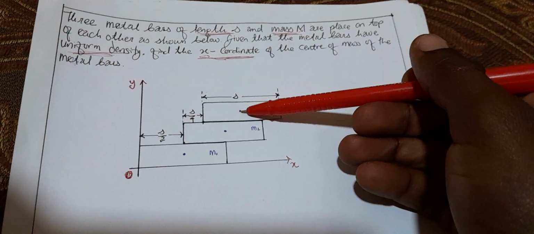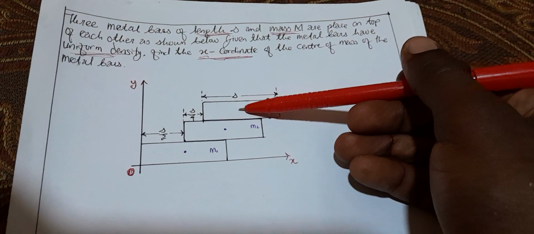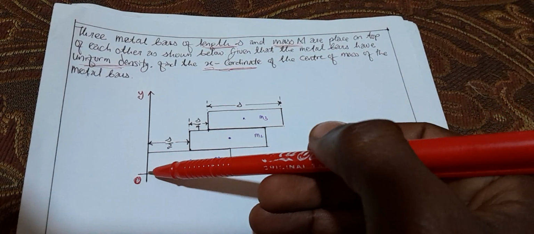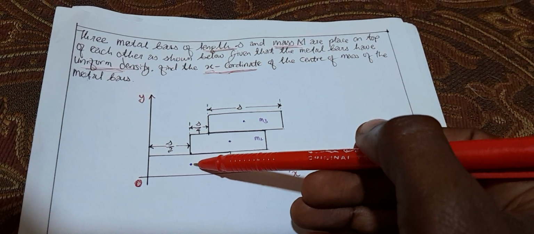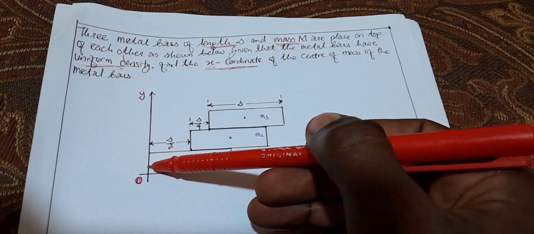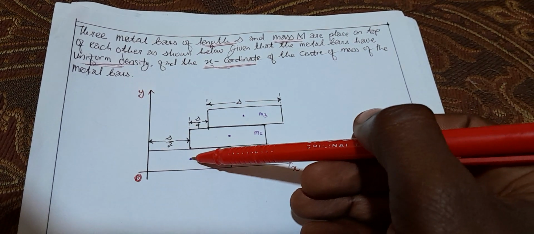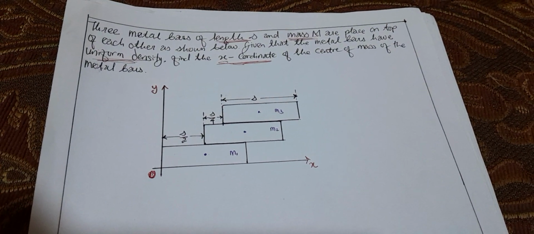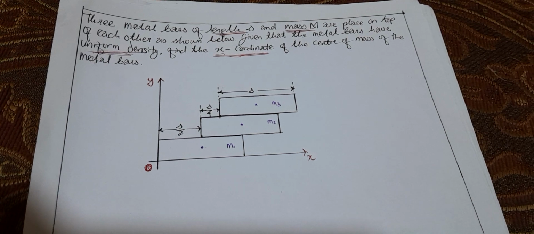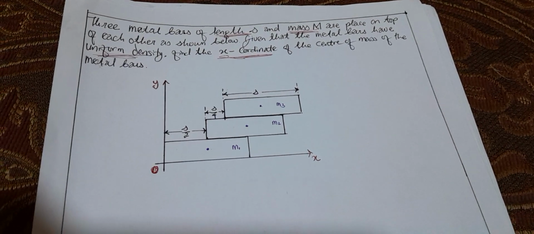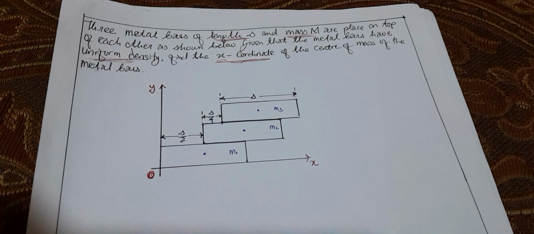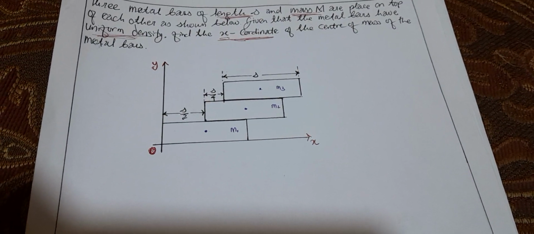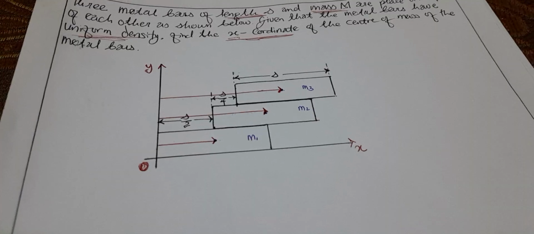For us to get the center of mass, we need to note that we always take our distances from the origin. I'm going to draw some additional lines so that it will not get confusing.